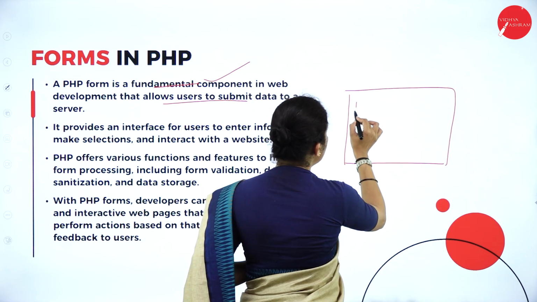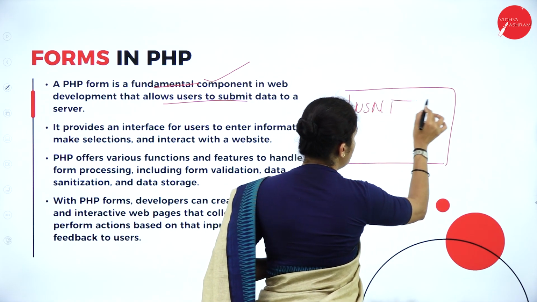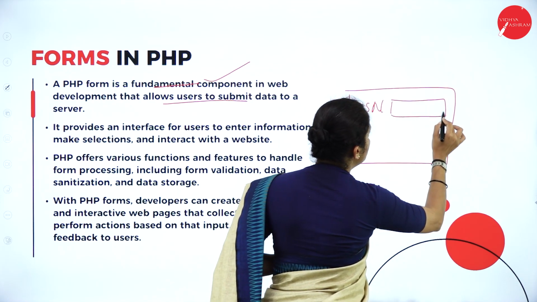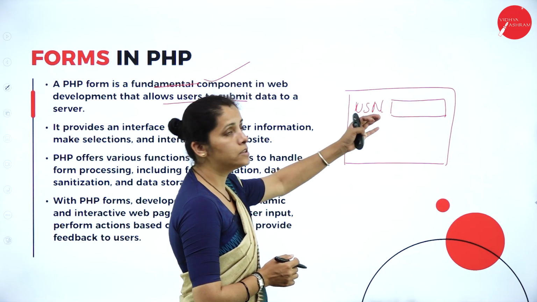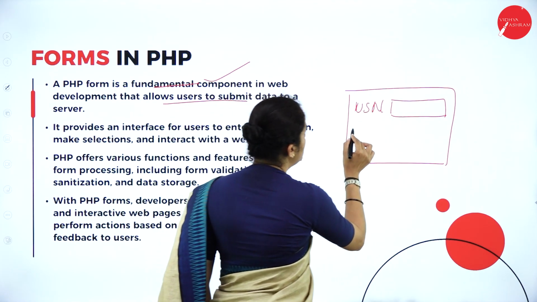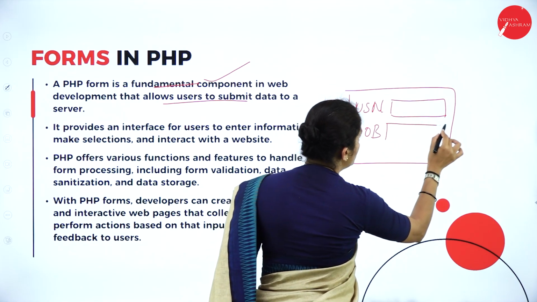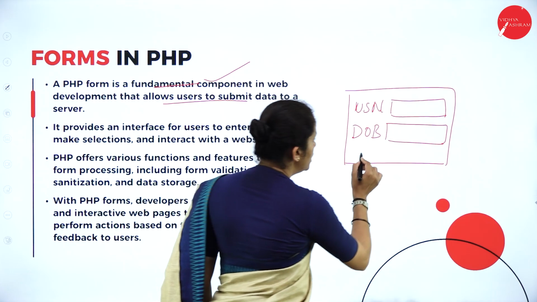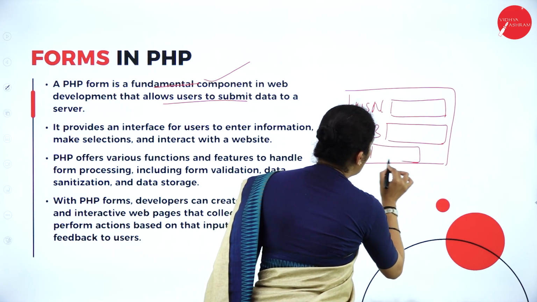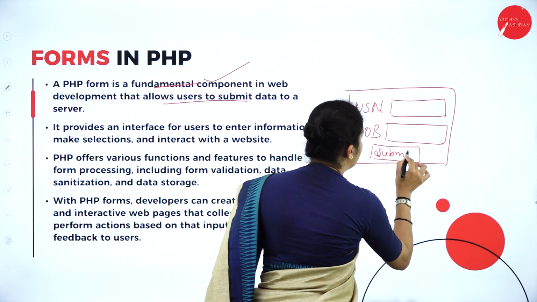Here you have the USN, and you have to give the input. You want to enter the USN. At the same time, you have the option of date of birth, and you have to fill in the date of birth. And you have the button called submit.